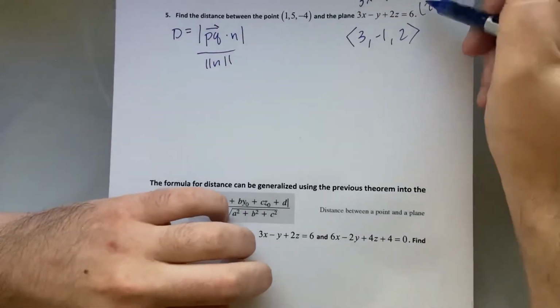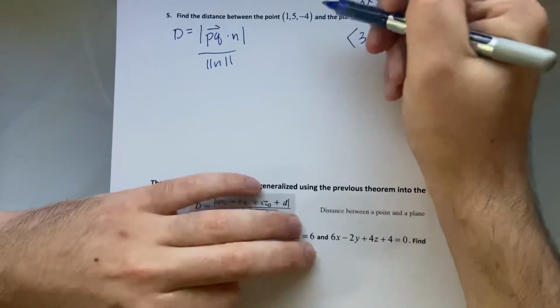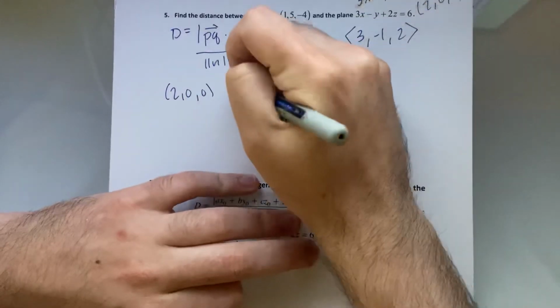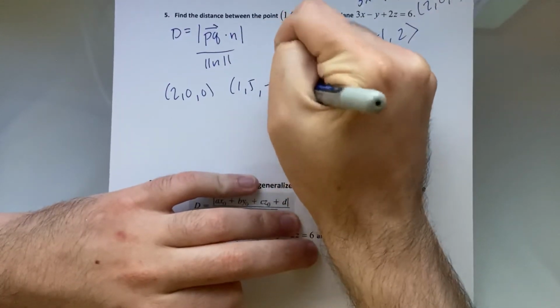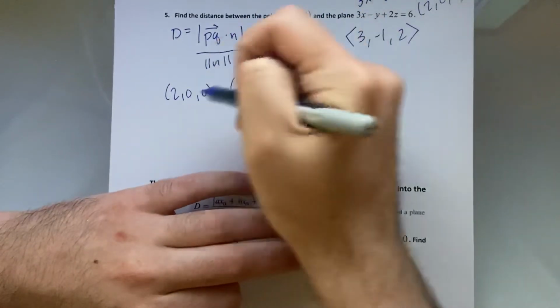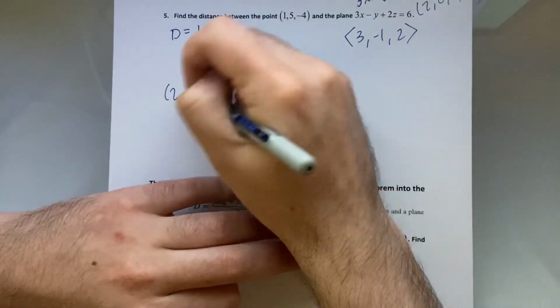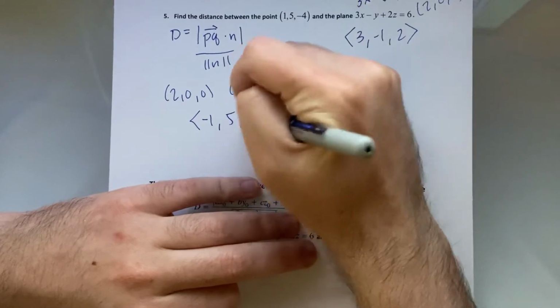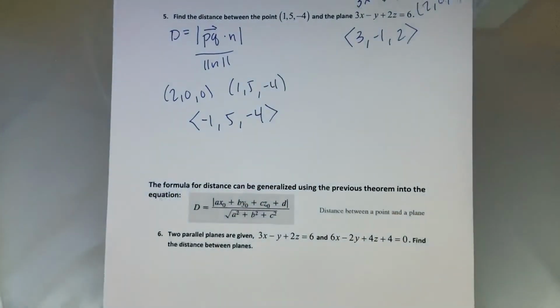And that gives me a point P, and this is my point Q, so what's my vector from 2, 0, 0 to 1, 5, negative 4? Of course you can pick any point. The vector here would be 1 minus 2 is negative 1, 5 minus 0 is 5, negative 4 minus 0 is negative 4.